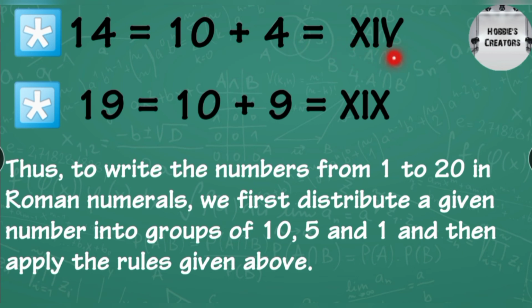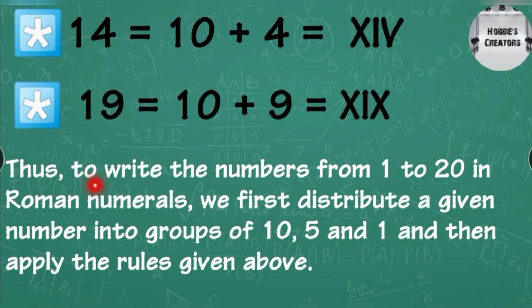Correct? So now we can move on to 19. 19 we are expanding it as 10 and 9. So we know the Roman numeral for 10, right, which is nothing but X, and for 9 it is nothing but IX. So the Roman numeral for the number 19 is XIX, and the Roman numeral for the number 14 is XIV.